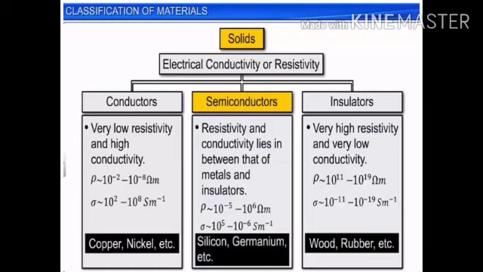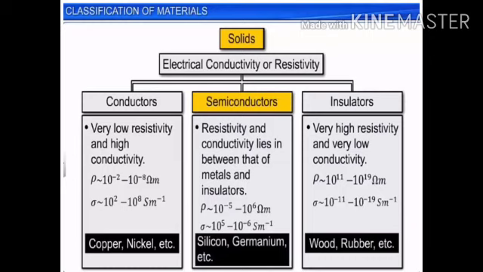Okay, and these semiconductors are the materials whose conductivity or resistivity lies between that of the conductors and insulators. You can see the values here. Rho is 10 to the power of minus 5 to 10 to the power of 6 ohm meter, and the conductivity is 10 to the power of 5 to 10 to the power of minus 6 Siemens per meter.